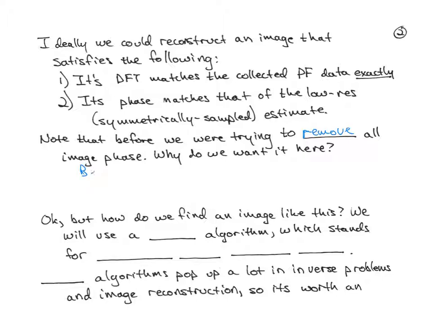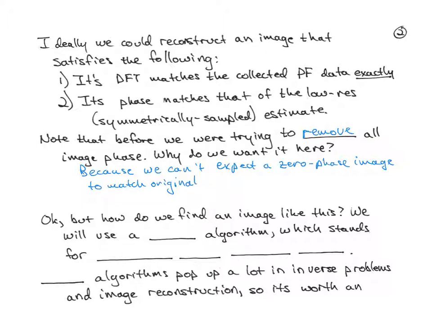That is, we can't expect a zero phase image to satisfy condition 1 above. So we're actually going to preserve the phase now, but just require it to be equal to the phase of the image corresponding to the symmetrically sampled region.